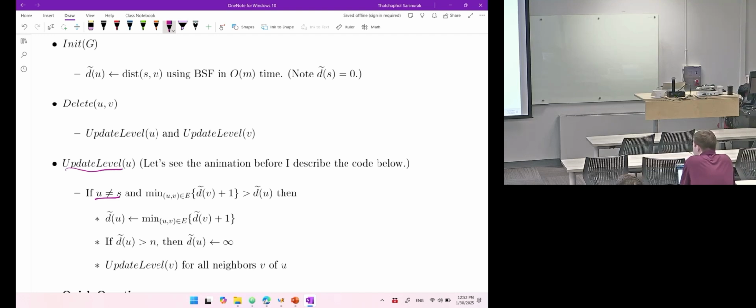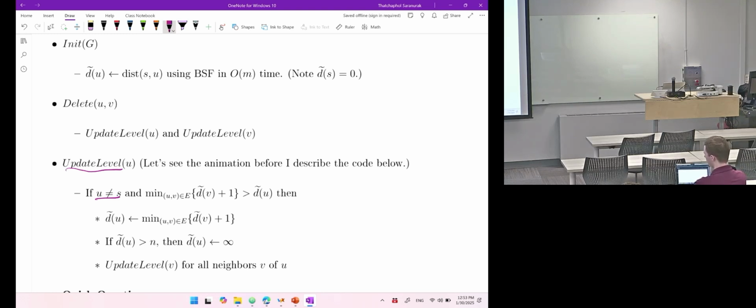Now whenever what I'm supposed to be is worse than my current estimate, it means that my current estimate is wrong. So whenever this is true, I know that I need to update my estimate. So I just update my estimate to something that is correct: the level of my best neighbor plus 1.